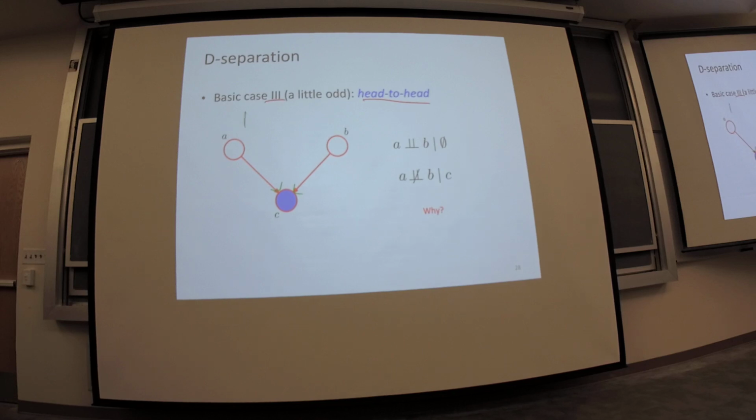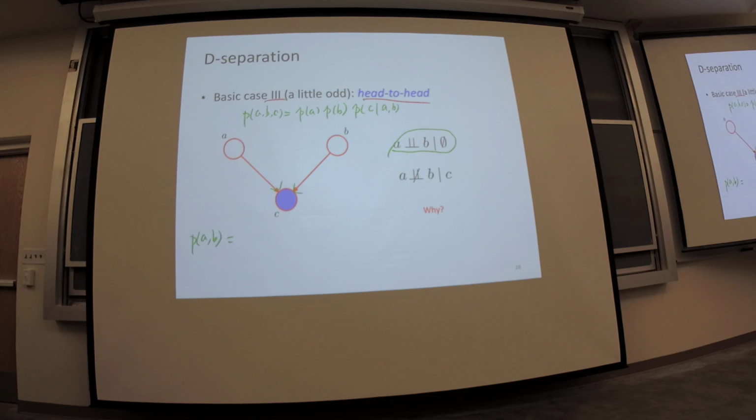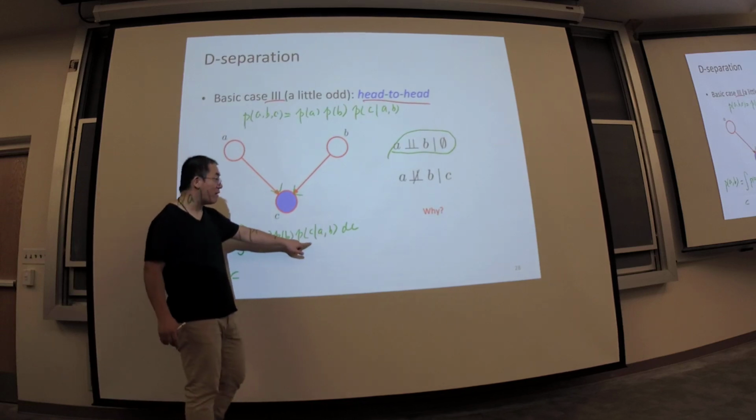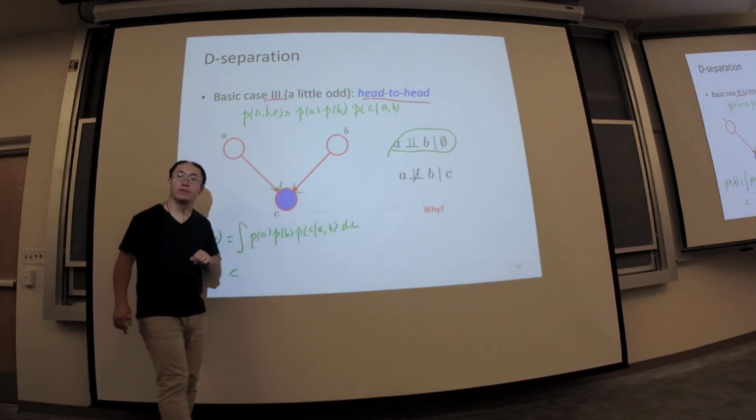Again, we need to use the joint probability. We can write it as P of A, P of B, and P of C given A and B. We first want to check whether A and B are marginally independent of each other, right? To look into this, we need to calculate the joint distribution of A and B, which is calculated by marginalizing out C from the joint probability of A, B, C. So this is P of A, this is P of B, this is P of C given A and B, and you integrate out C. What do you get?